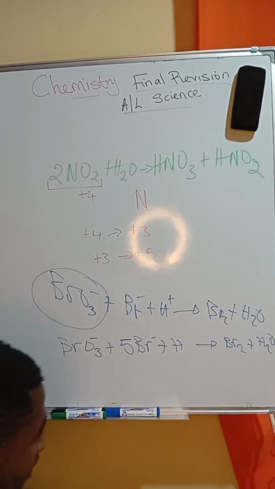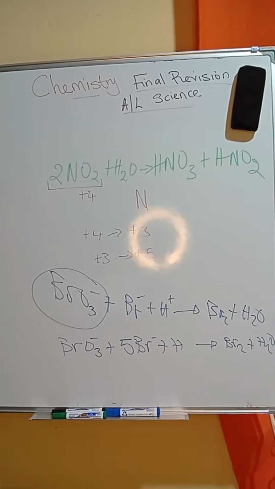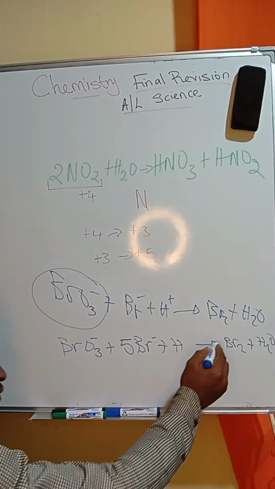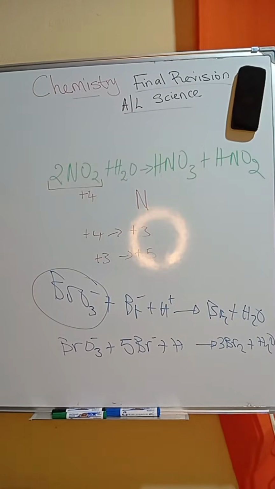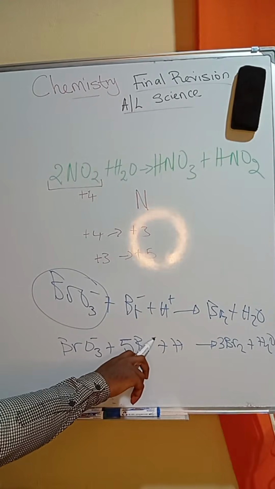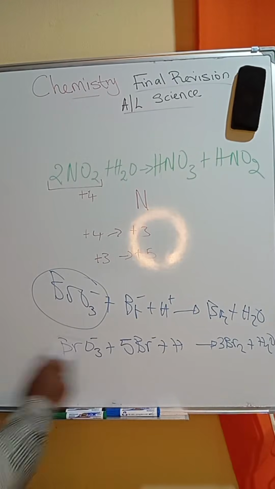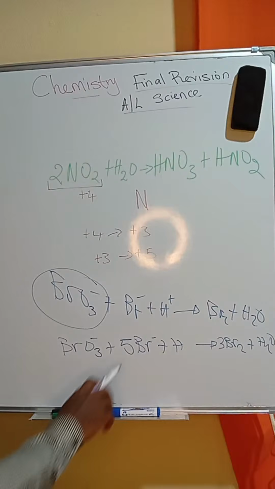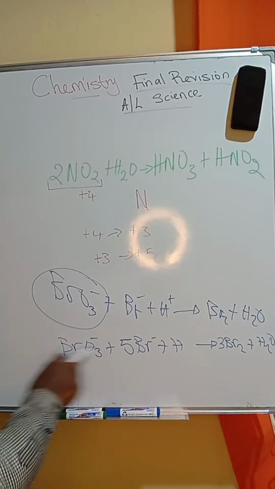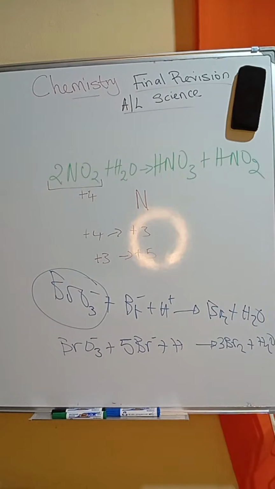Now let us start balancing the equation gradually. 5 bromide, how many bromine is there? We just have 2 bromine, so I'll put 3 here. Now 3 and 2, we have 6 bromine. Bromine means you are gaining 1 here, meaning it makes a total of 6. Now 5 bromine, 1 bromine, 6, 6 bromine. Bromine is balanced.